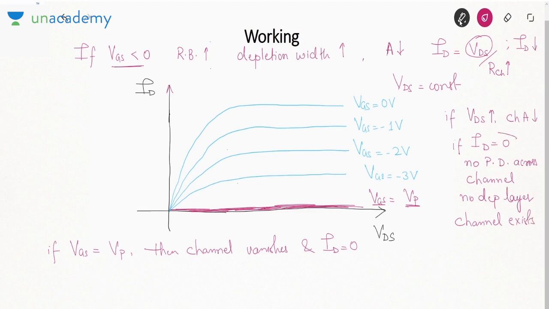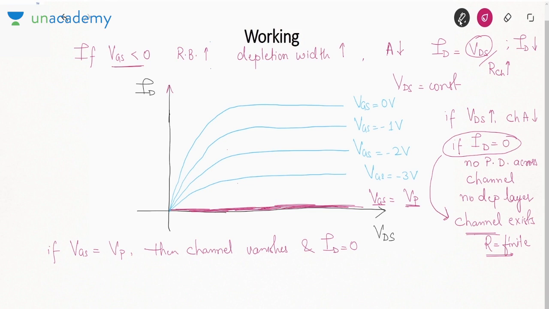If you assume that the current is 0 in pinch off condition, then it is self contradicting because the channel will exist and resistance will be finite. So by means of VDS we can pinch off the channel, but we cannot make current 0. By increasing VDS, the current can be made constant but non-zero, but by means of VGS equal to VP, I can make the current equal to 0.